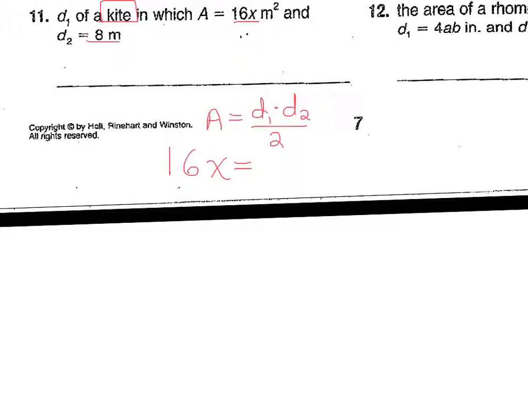We have diagonal 2, which is 8. Now, can we do what you were saying, Marlon? This is an even number, so it's a lot better. Yes, we can do that. So 8 divided by 2 is just 4. And we could approach this with cross multiplication.